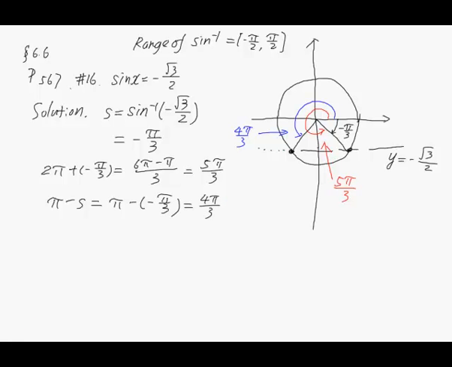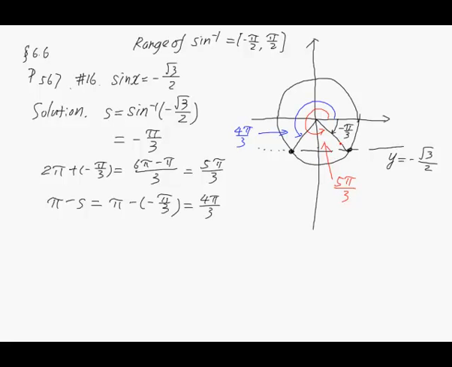So now, after you find these two special solutions, then we know any solution to this equation involving the sine function differs from these two special solutions by a multiple of 2 pi, right? You can only find those angles with this or this as the terminal side.